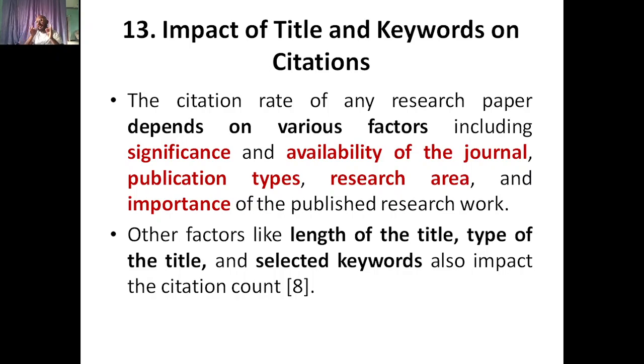For example, in my entire manuscript, the maximum repeated keywords I have used are nanoparticles, maybe cancer treatment, or anti-cancer drugs, or chemotherapy, or anything else. Any four or five keywords have to be mentioned after your abstract.